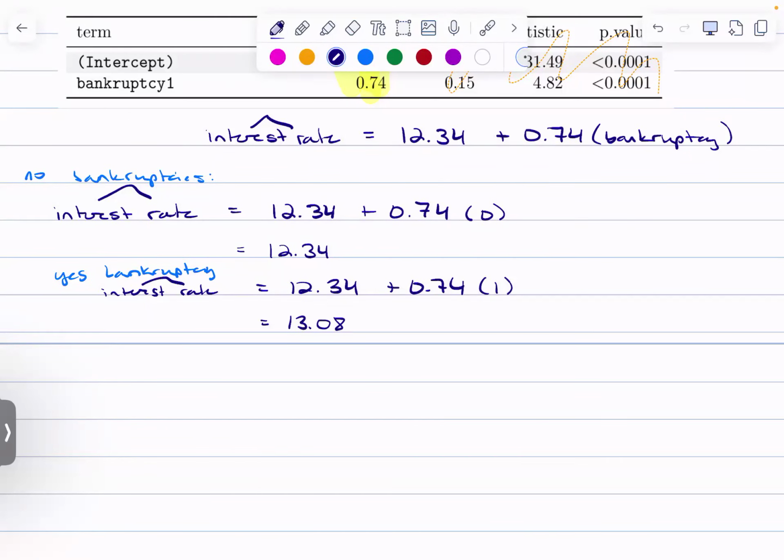And so let's remind ourselves what the interpretation of the slope was.